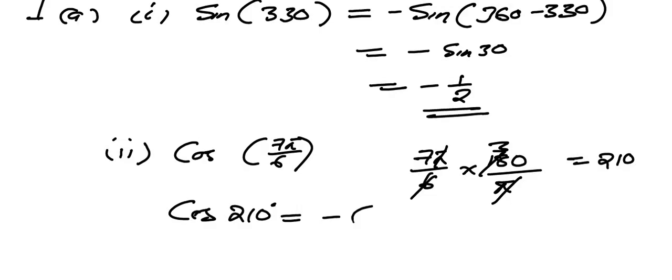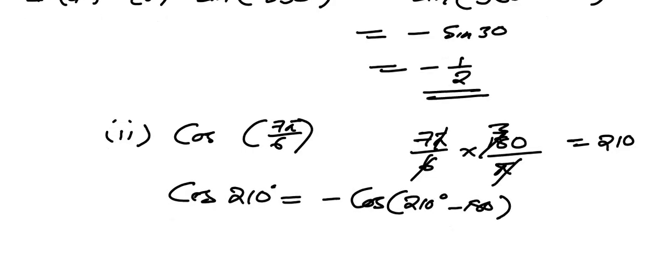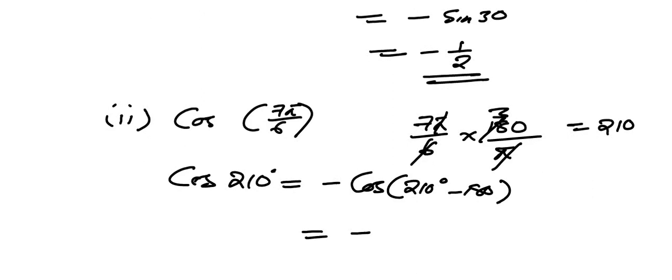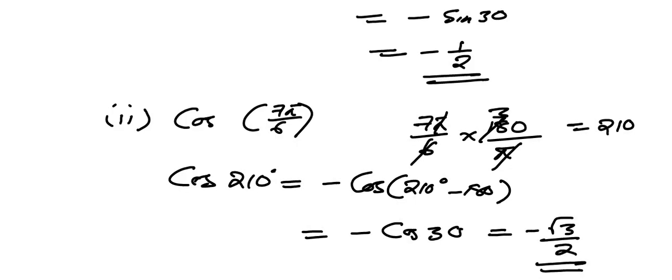And in the third quadrant, cos has to be negative. And in the third quadrant, we always do the angle given minus 180. So this will simply be cos of 210 minus 180. This gives us a 30. This will give us negative √3/2. That's what we get.